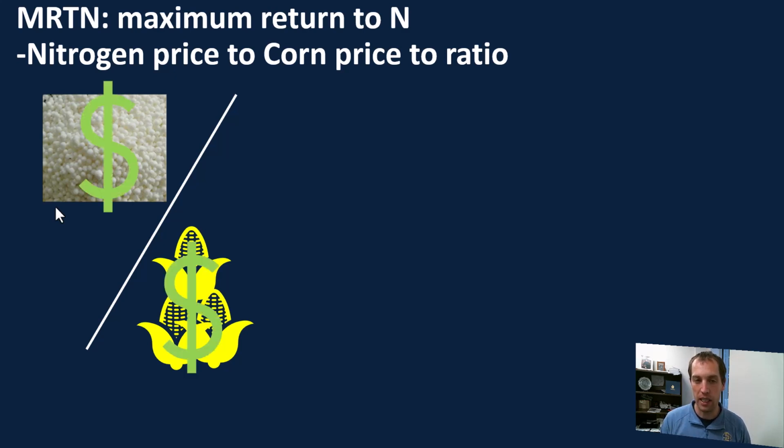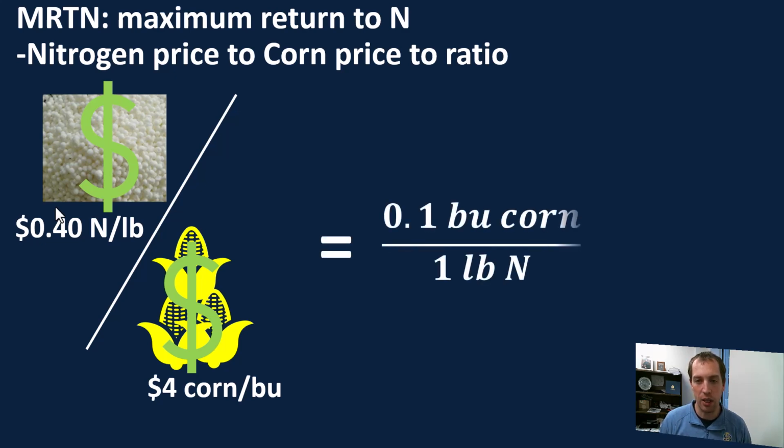We're going to look at the price of the urea, or whatever nitrogen fertilizer we have, and the price of the corn. Traditionally, we're looking at 40-cent nitrogen and $4 corn. What that equals is about 0.1 bushels of corn per pound of N, which means I need to increase yield by 0.1 bushels of corn for every pound of N to pay for it.